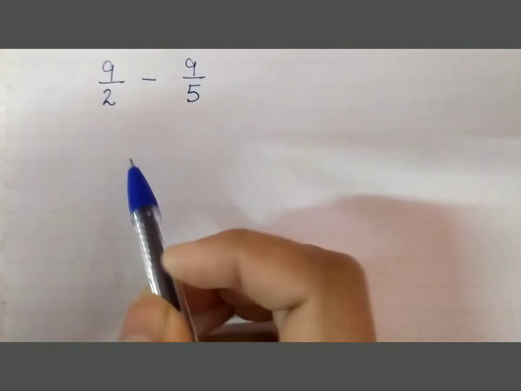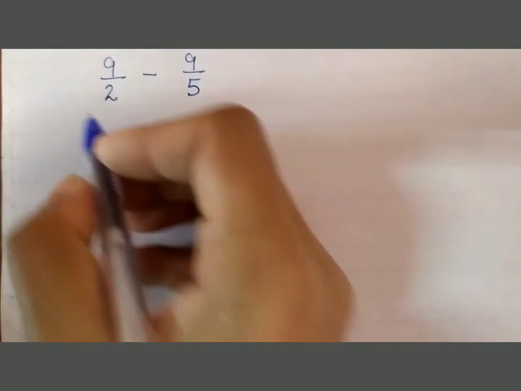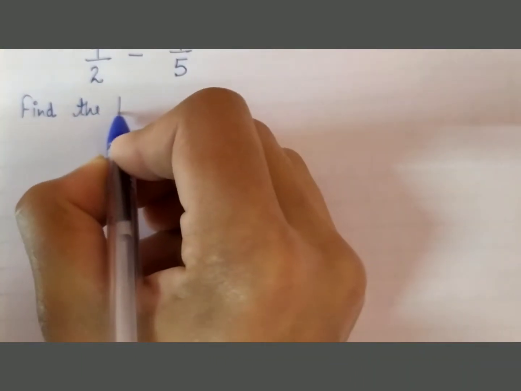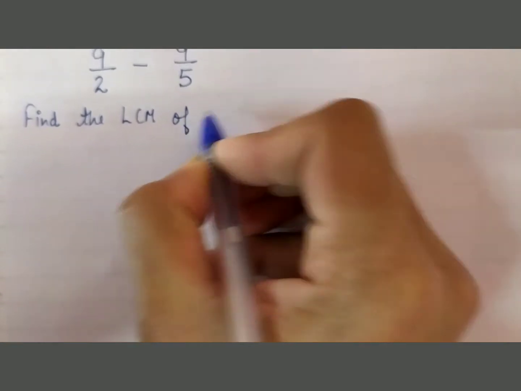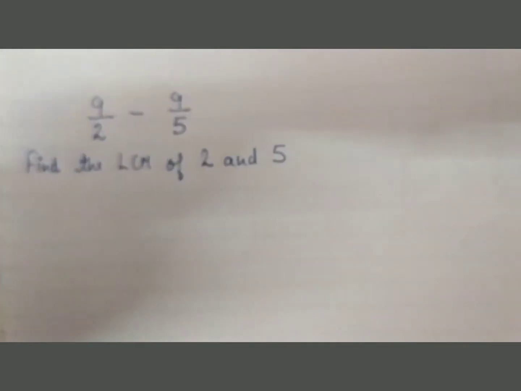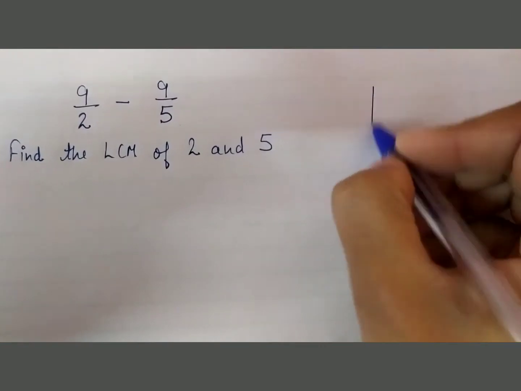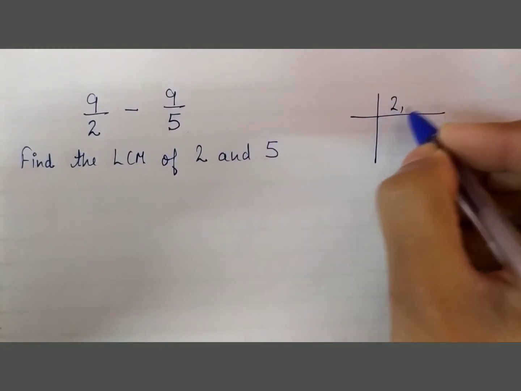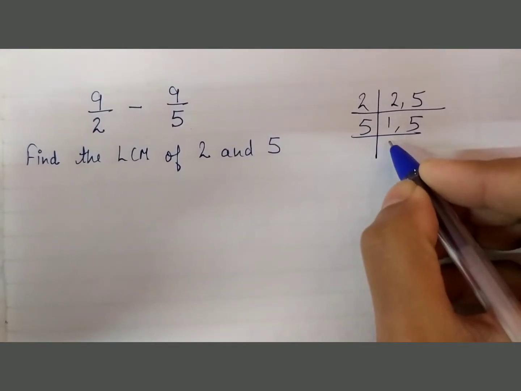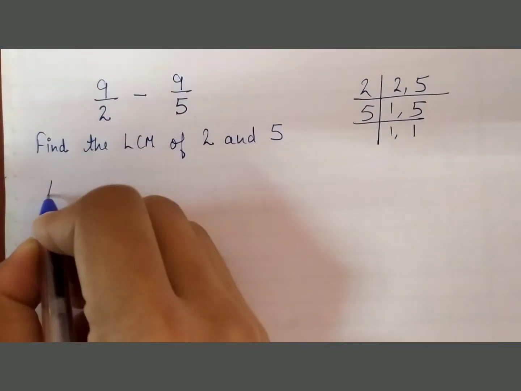Okay. Since in this fractions the denominators are not the same, find out the LCM. Find the LCM of 2 and 5. Two ones are 2, 5 as it is, 5 1 as it is, 5 ones are 5.